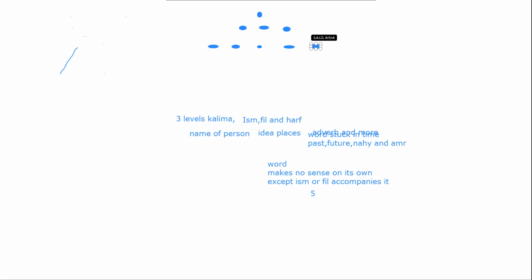Sifa or mawsuf? We say mawsuf and sifa. It should be mawsuf sifa, because when you say sifa mawsuf, you are looking at it in the English way.